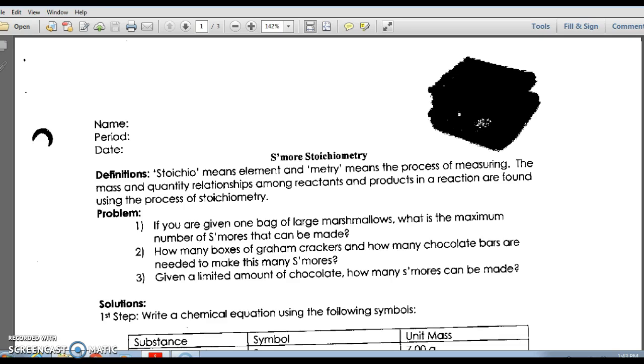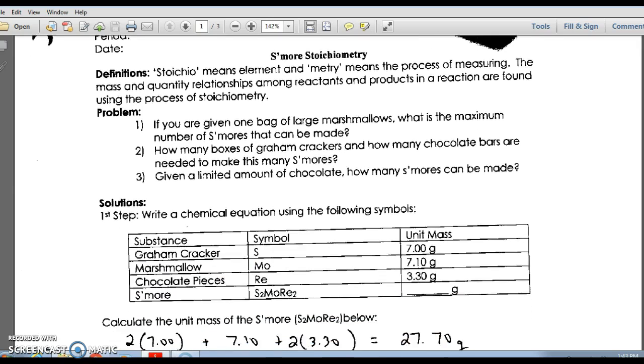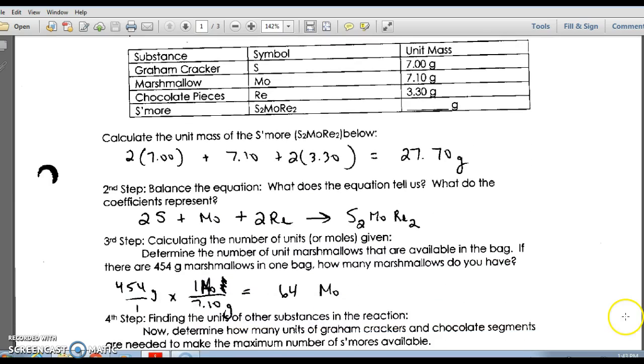And so we are saying that each one of these things has a unit mass. You can think of this like the molar mass that you would find on the periodic table. In your table you have the molar mass of each one of those substances that we've just assigned a value.